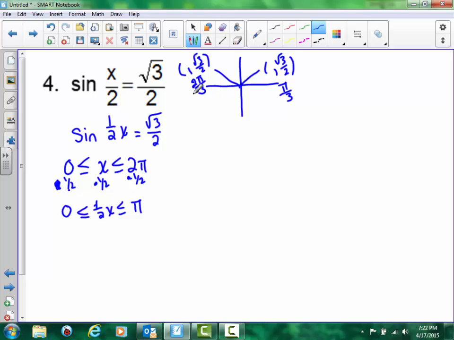So, similar to our others, we will say that 1/2 x equals pi over 3 and 2 pi over 3. And then to remove the 1/2, we would need to multiply by 2. So x would be 2 pi over 3 and 4 pi over 3.